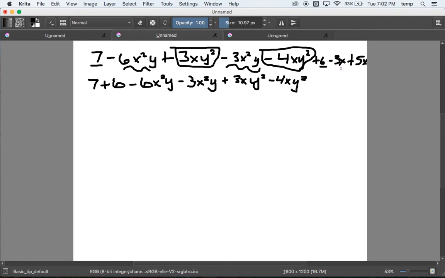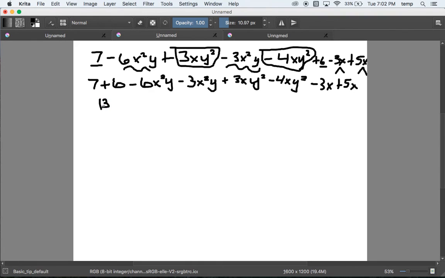And finally, at the end, we have our x terms. So we have negative 3x plus 5x. And now we can pretty easily combine our like terms.